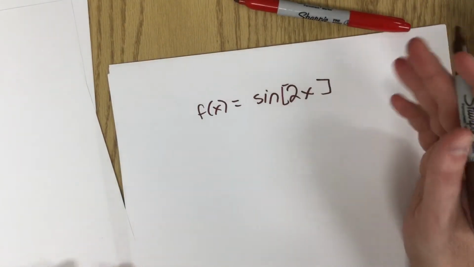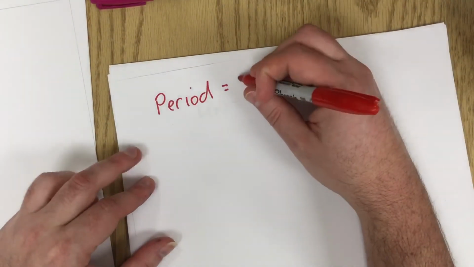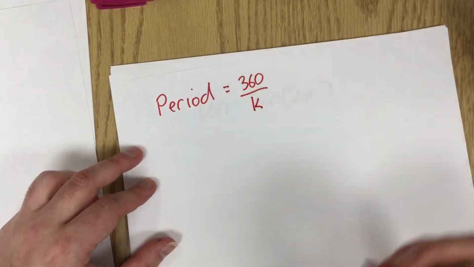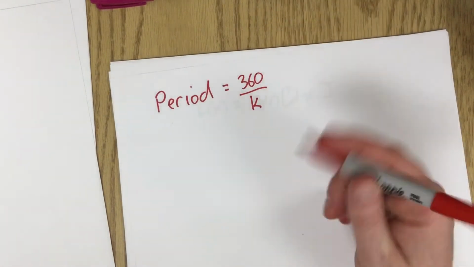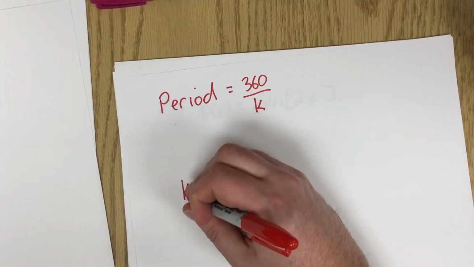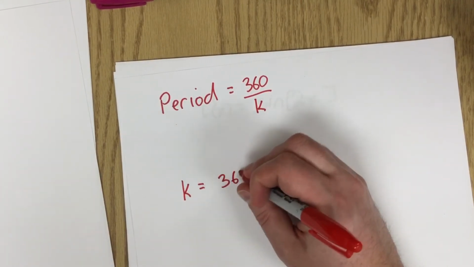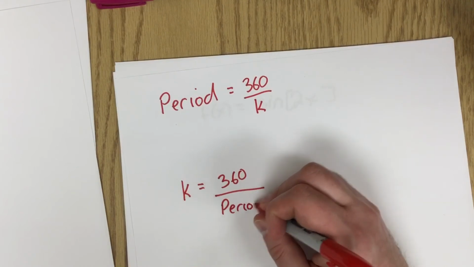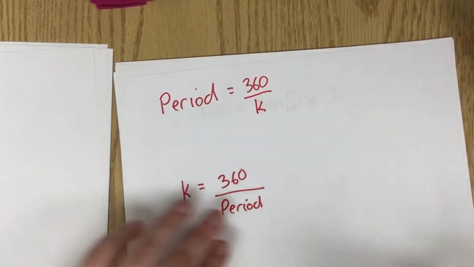The period used to be 360, but now it's going to be something less. So the period is 360 divided by k. The bigger the k, the more horizontal squish we have on the period. If you rearrange this formula, you get that k equals 360 divided by the period. So it can go both ways.